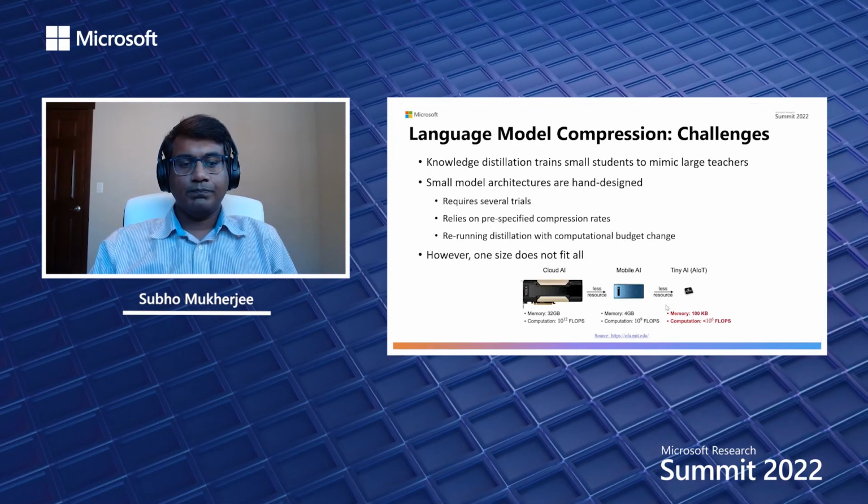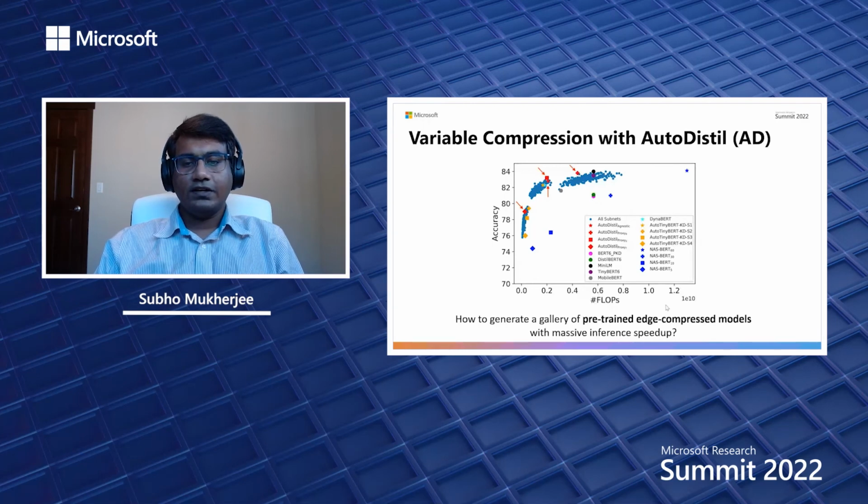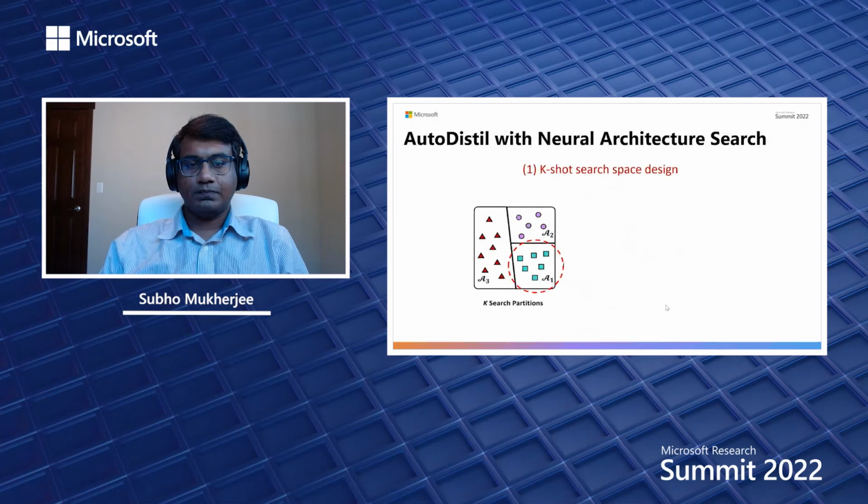Enter AutoDistill. With AutoDistill, we generate a gallery of pre-trained edge-compressed models with massive inference speedup. Given an end device with a specific computational budget, we can just pick a model from this pool and only fine-tune on the downstream task without any additional retraining. AutoDistill training has three main stages.